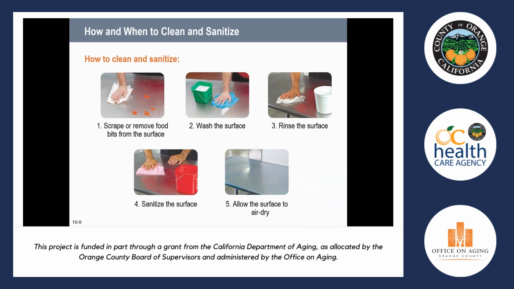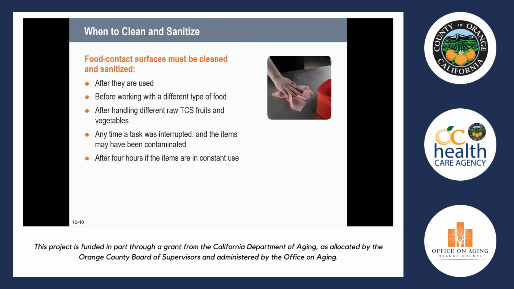Use the correct tool, such as a cloth towel, to sanitize the surface. Make sure the entire surface has come into contact with the sanitizing solution. Allow the surface to air dry. Noted on the slide are the times when the food contact surfaces must be cleaned and sanitized.